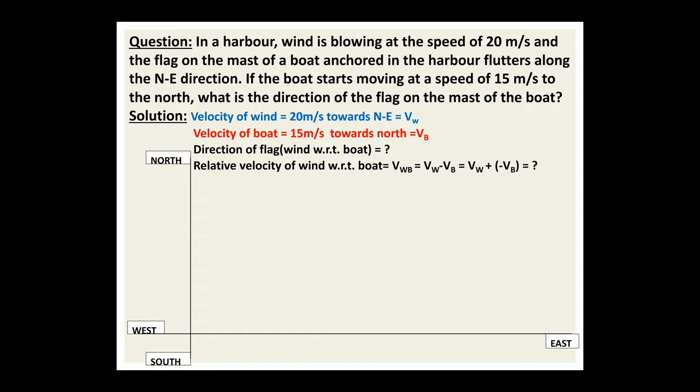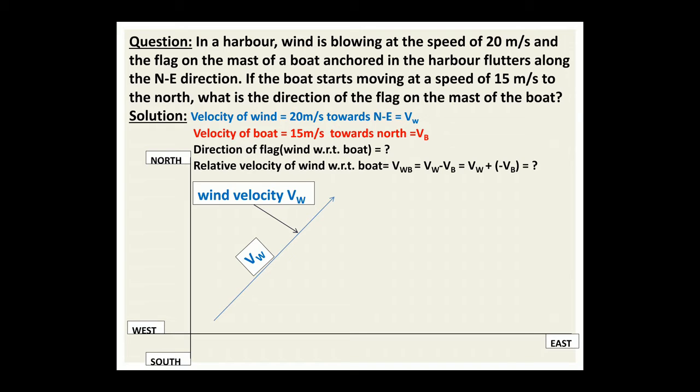So here is our graph. You can see here we have considered four directions: east, west, north and south. This blue arrow is indicating wind velocity, that is VW, as it is along northeast.